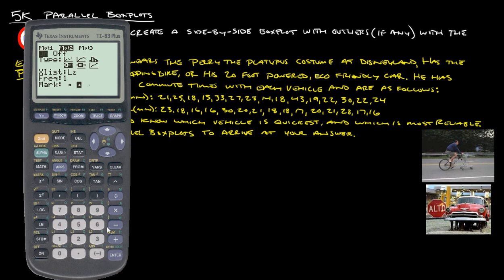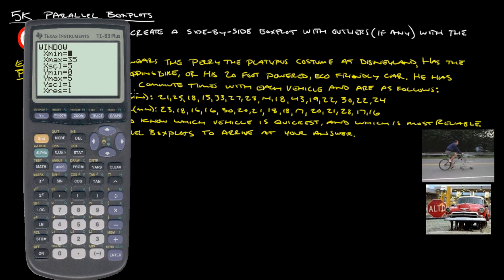It is already on, and again notice it is already highlighted on the box and whiskers with the possible outliers. Now it's really important to make sure that you get list 2 on this one. So second, and then hit list 2. Frequency we don't need to worry about, and then I'm going to change this mark to the plus.